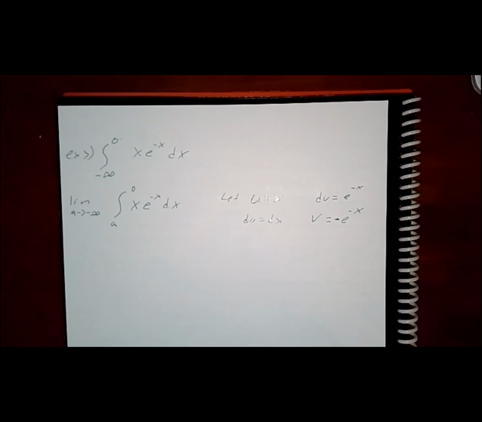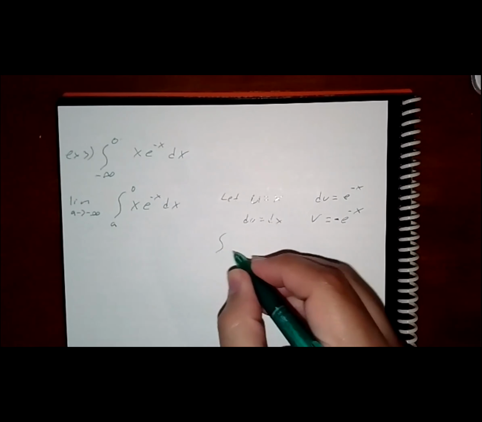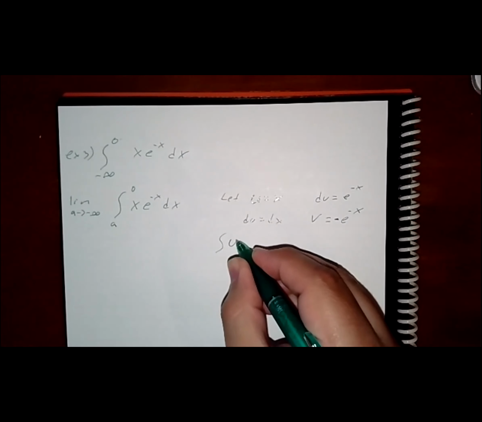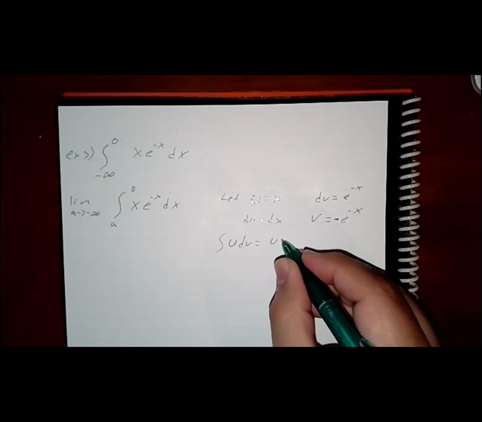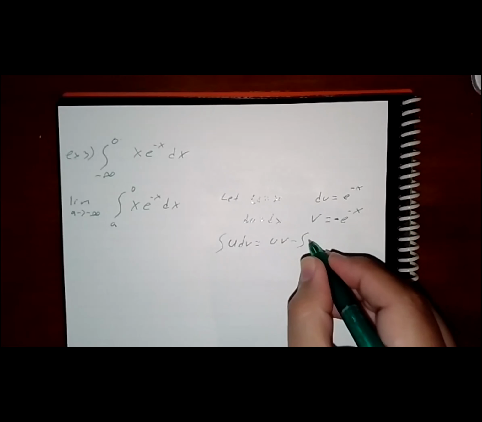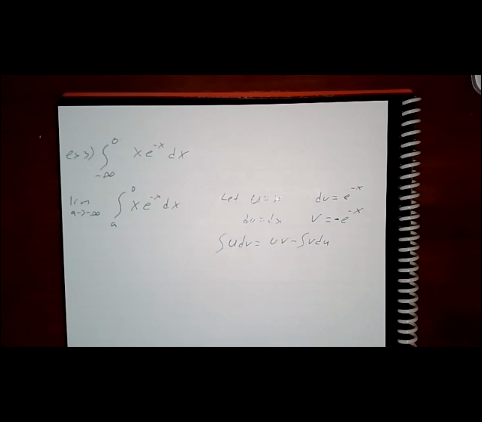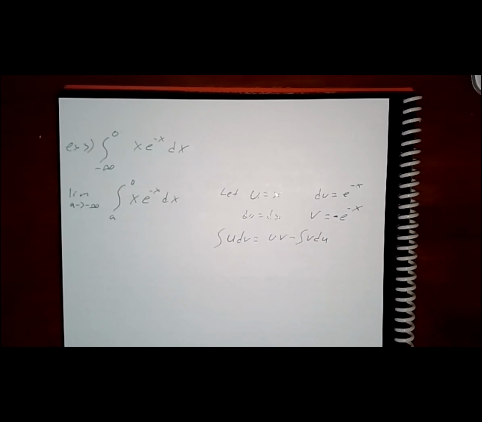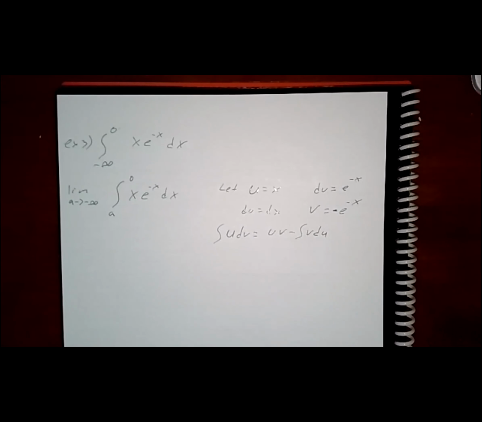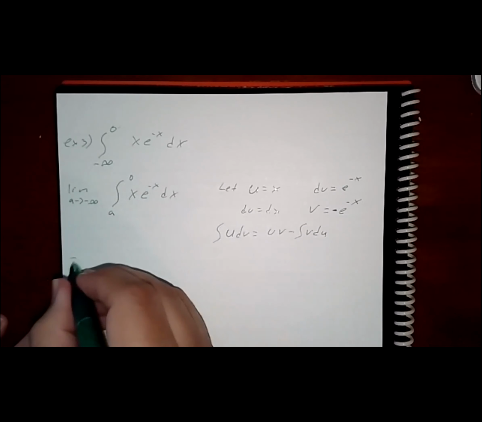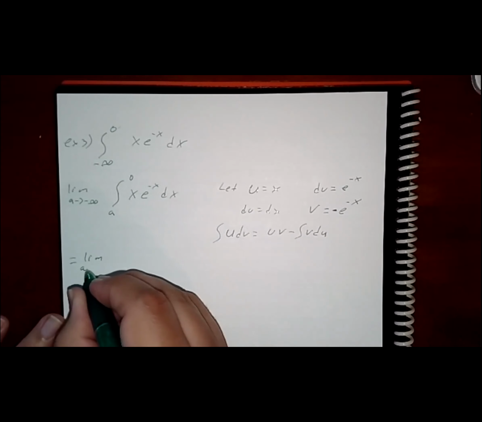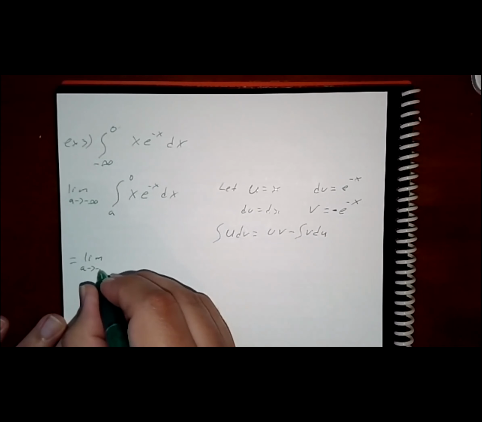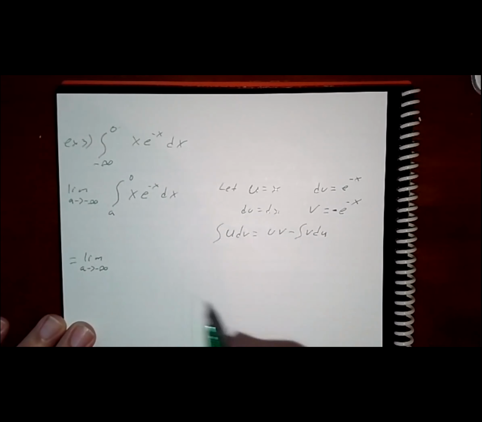Okay, so the formula for by parts, just to remind you, is the integral of u times dv is equal to u times v minus the integral of v du, right? You guys remember? We did that, and then I showed you the tabular method. Okay.